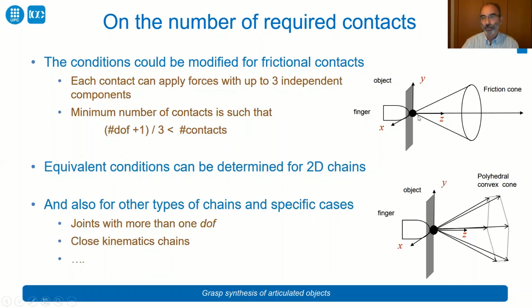So it is typical to approximate the friction cone by a polyhedral convex cone with a predefined number of edges. Equivalent conditions can also be determined for 2D chains. These are planar chains with polygons instead of polyhedra. And also for other types of chains and specific cases like chains with joints with more than 1 degree of freedom, or closed kinematic chains, or any other variation you can imagine.